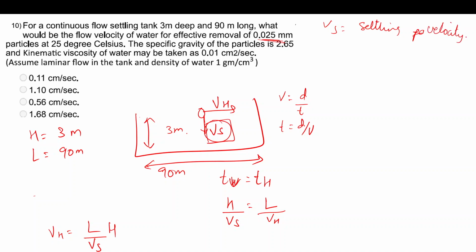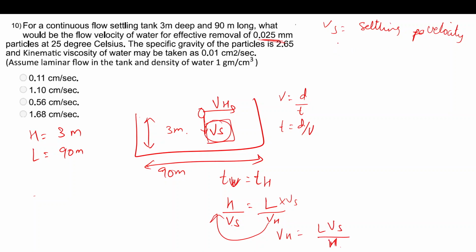To calculate Vh, L should be multiplied with Vs, and h will come in the denominator. So Vh equals L into Vs by h, right?